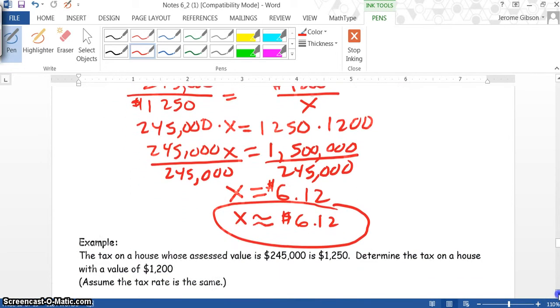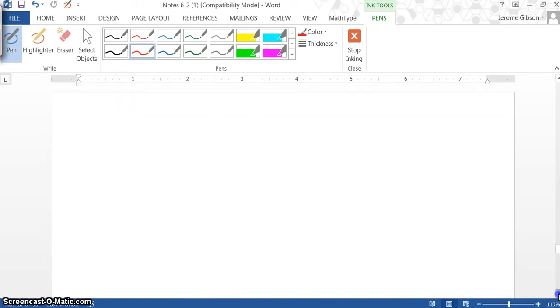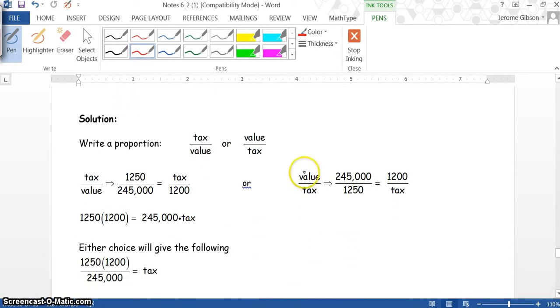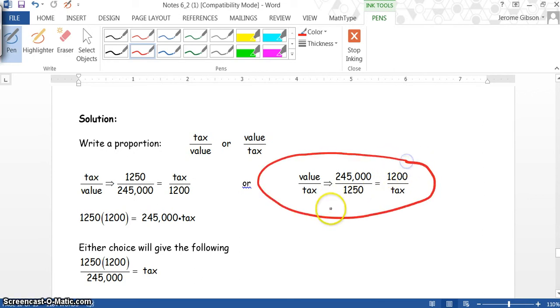Now, of course, we have this typed out for you. It has the tax over value, $12.50. Now, what ended up happening here is this: I used this setup with the 245,000 over 1,250, 1,200 over the tax.